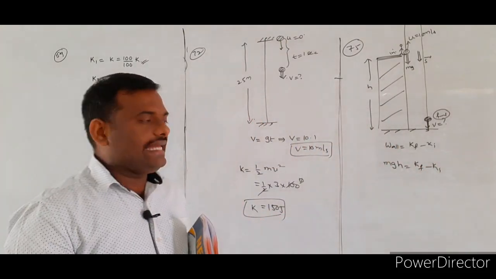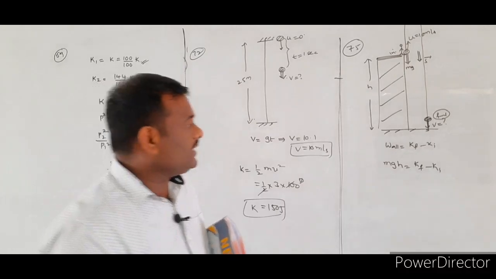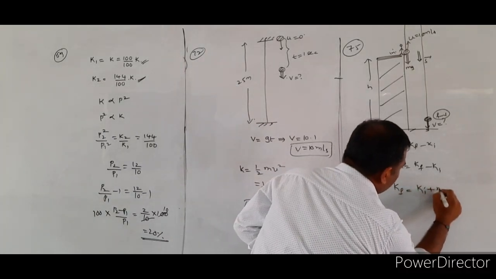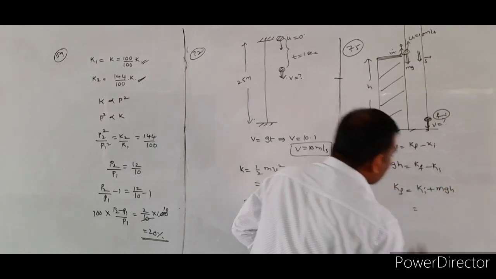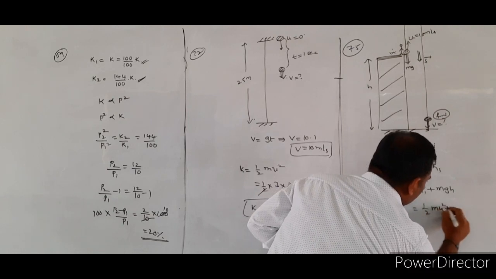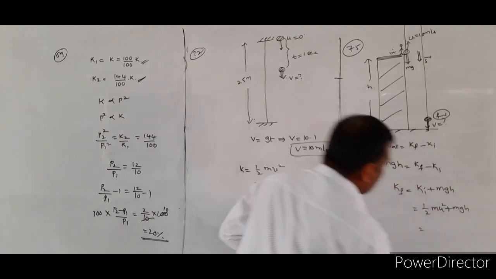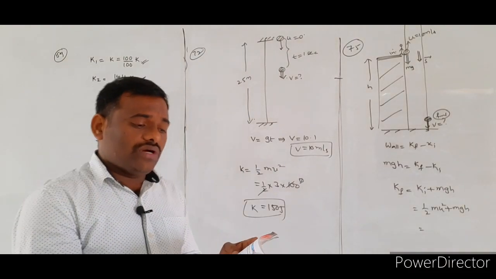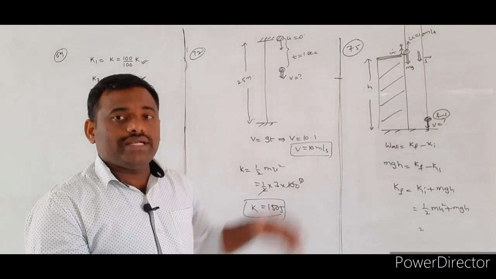Which value are they asking? They are asking directly the final kinetic energy value. Therefore, final kinetic energy is equal to initial kinetic energy plus mgh. How can you get the initial kinetic energy? Half mu square. So half mu square plus mgh. All the values are there. The mass of the given object is 100 gram, and h is equal to 20 meters.